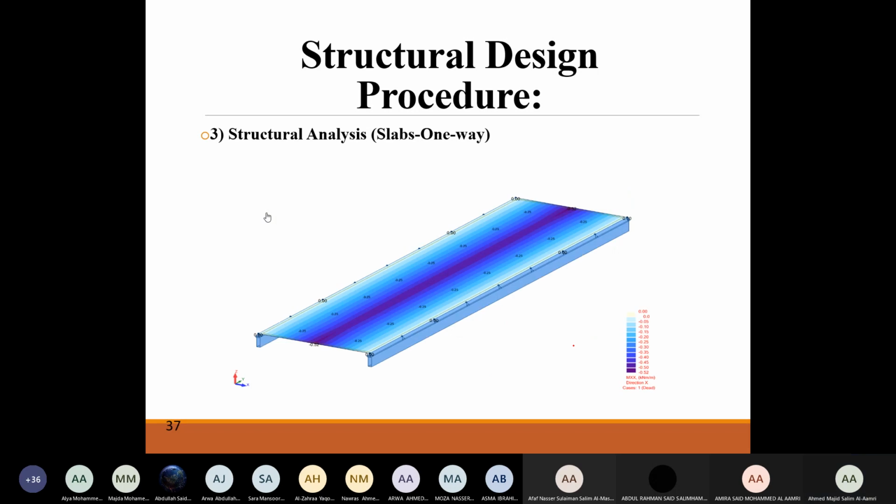Okay. Now going for a one-way slab. We have two dimensions, dimension number 1 and dimension number 2. This is the long span. This is the short span. The bending is happening along which direction? To keep it simple, you can see that here it's light blue, here it's light blue, here it's dark blue.